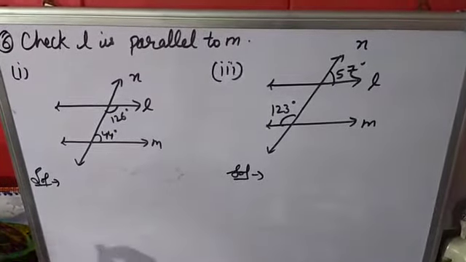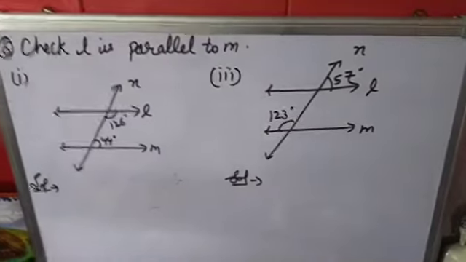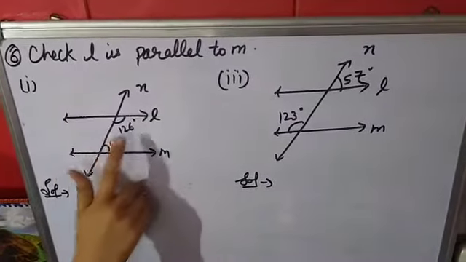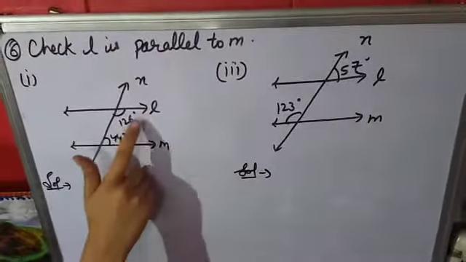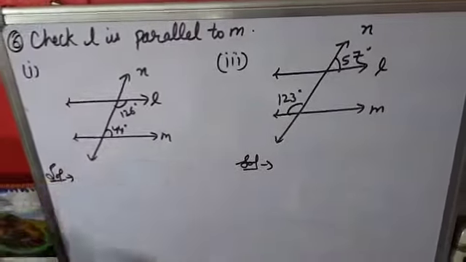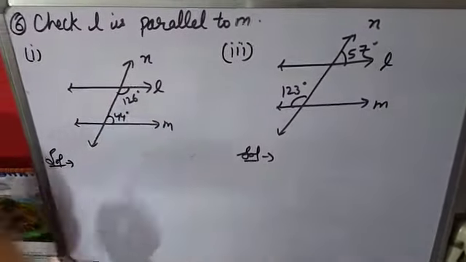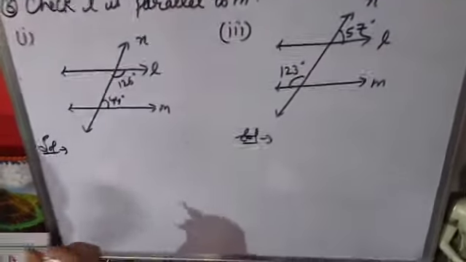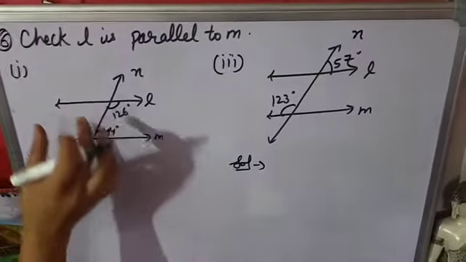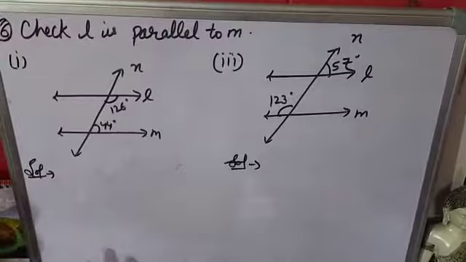If no property is applicable here, then both lines are not parallel. Now there are two angles given, and they are co-interior angles, or angles on the same side of the transversal, which are supplementary. We know that their sum should be 180 degrees. So we will check: if it is 180, then L is parallel to M. If it is not 180, then L is not parallel to M.